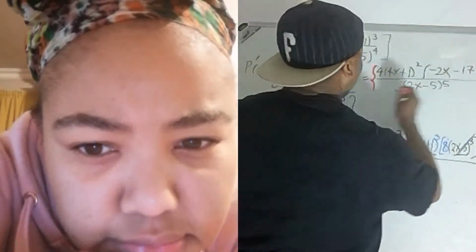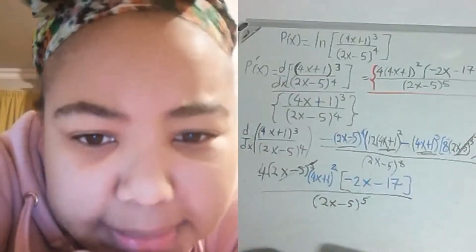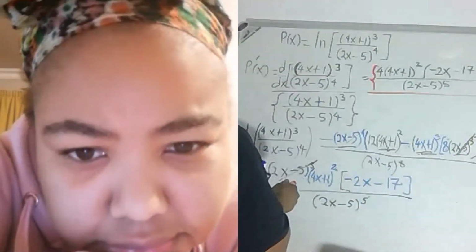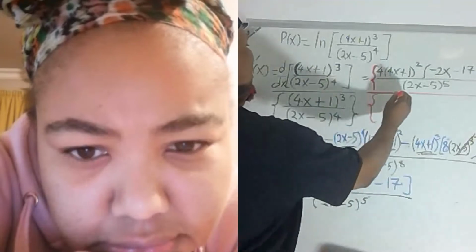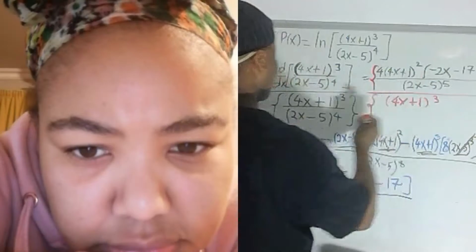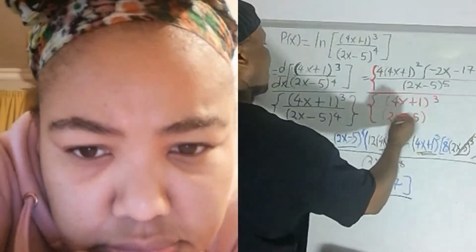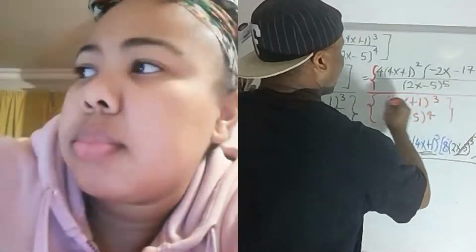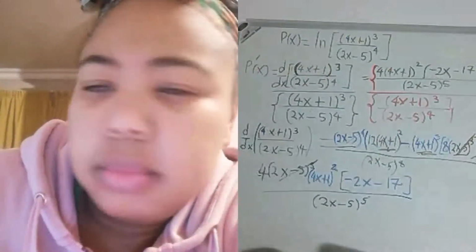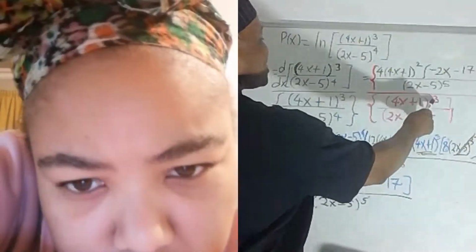So all of this we divide by this. We divide by (4x plus 1) over 3, (2x minus 5) over 4. Let's see what we can cancel here. 2 of them is gonna go, and this is gonna go.